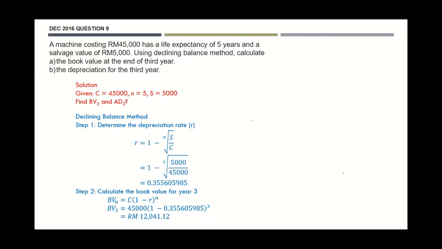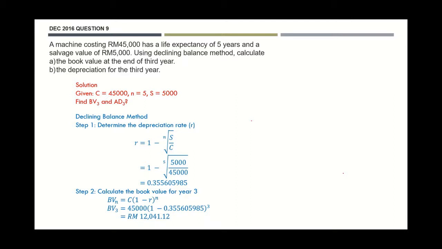The next part that we want to find is the depreciation value for the third year, so we are looking for the value of AD3. Since we have already found the value for BV3, we can use the book value method to find AD3.